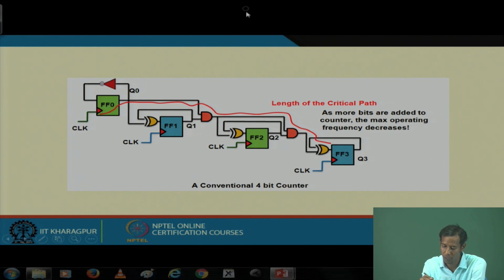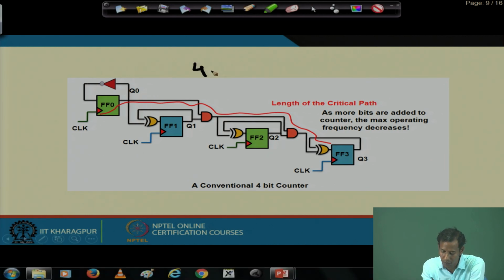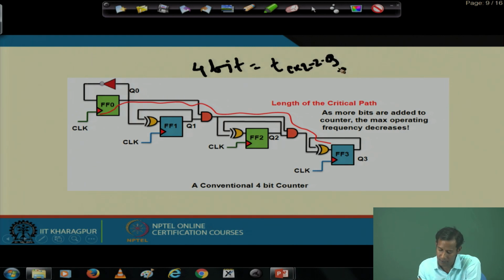That means, for 4-bit the delay is T clock to Q plus 1 to 2 AND gate delay T plus 1 T XOR, right.